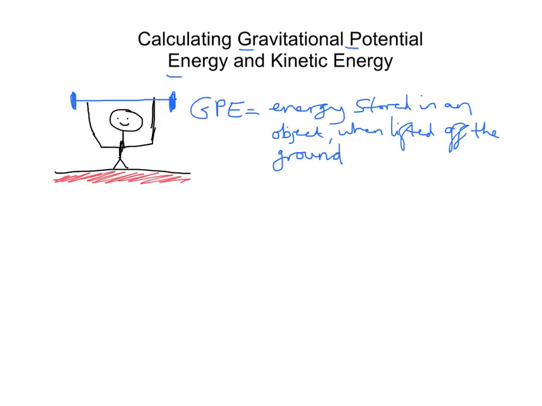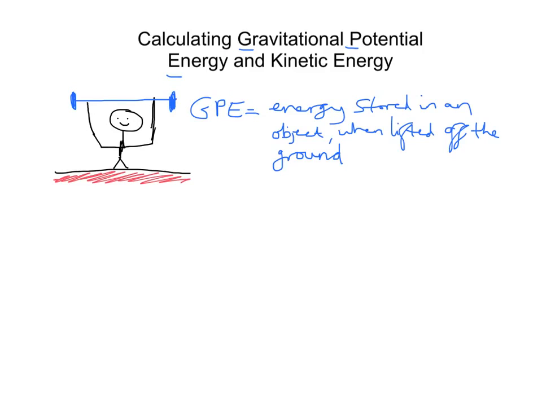Now the value for the gravitational potential energy depends clearly on the mass of the object that we're looking at and the height above the ground that we're lifting that object to. But it also depends upon the strength of the gravitational field, because gravity is going to be acting on that mass, pulling it down.